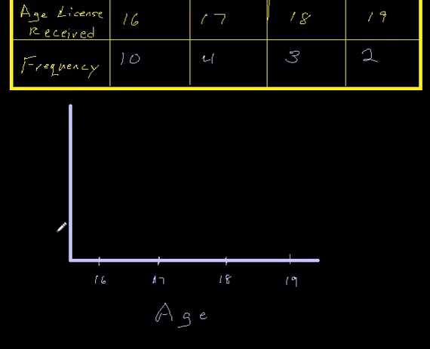Along the edge here, this is going to be 0. The highest frequency is 10, so I'm just going to go up to 12. Somewhere in the middle I'll be at 6, and in between I'll have 9 and 3.